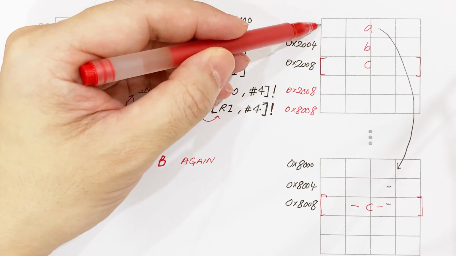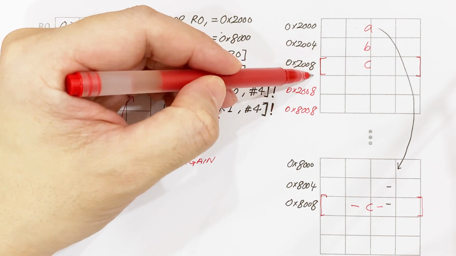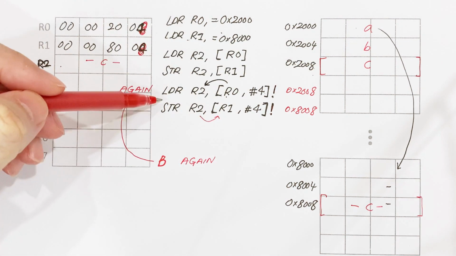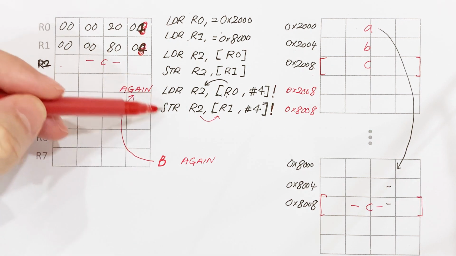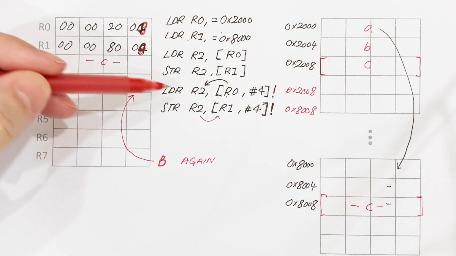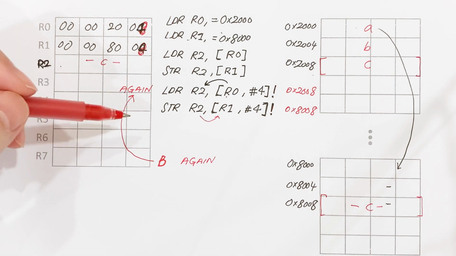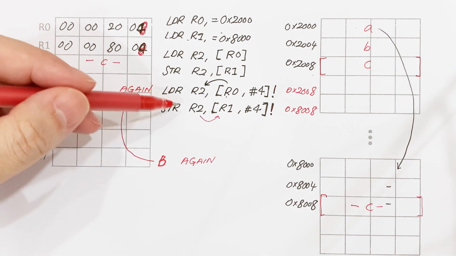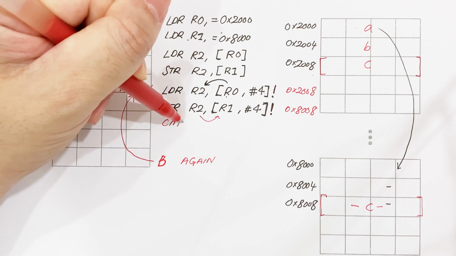Since our task is just to move these three values, 2000, 2004, and 2008, by right we should have stopped the process instead of keeping our processor repeating over and over again. So as we learned in the previous video, we can use the compare.